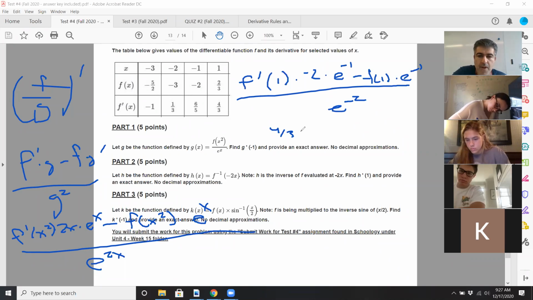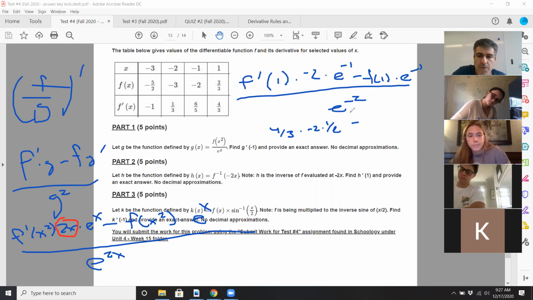So 4/3 times -2. Now, some of you guys did do the quotient rule correctly, but then you forgot this part. I took off 2 points, because that's still pretty egregious if you forget the chain rule. And then, of course, that's times e to negative, well, actually, I'll just make it 1 over e.